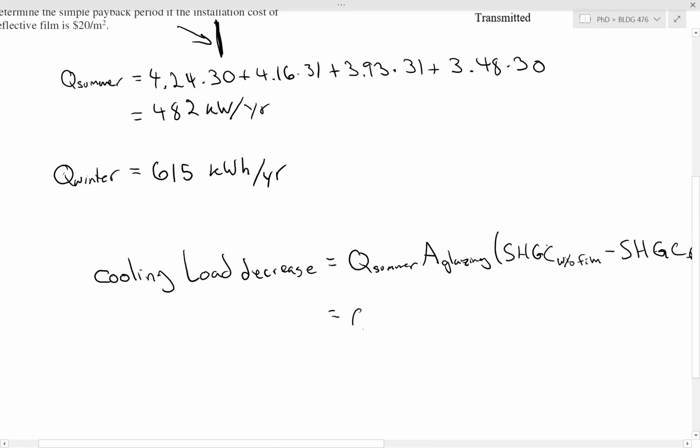So this is our 482 kilowatt hours per year, 60 meters squared, 0.7 minus 0.3.